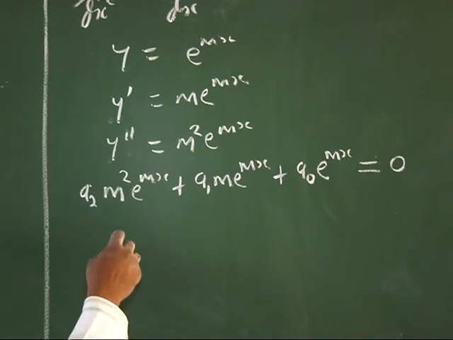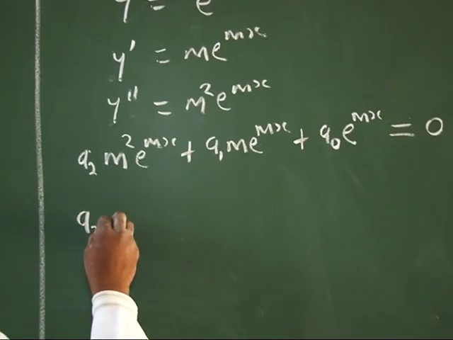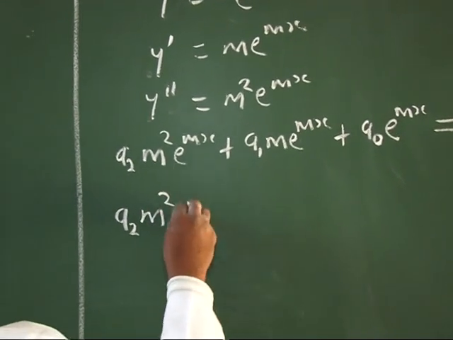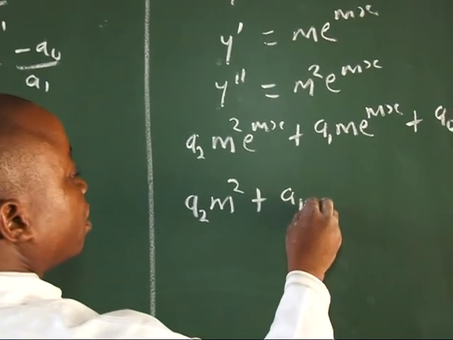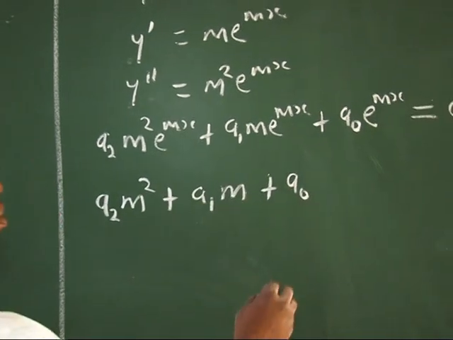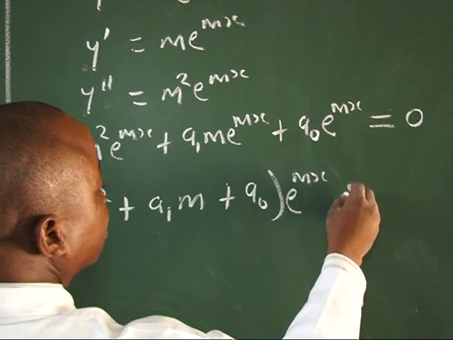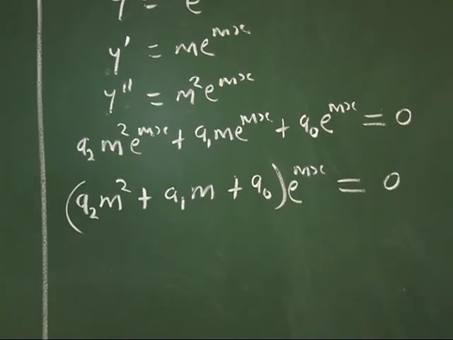And then we can write this as a subscript 2 m squared plus a subscript 1 m plus a subscript 0, times exponential mx, is equal to 0.